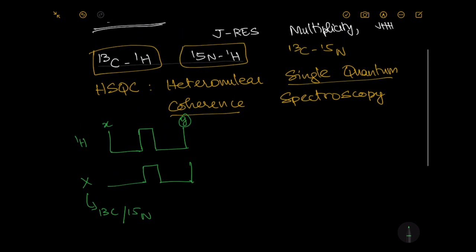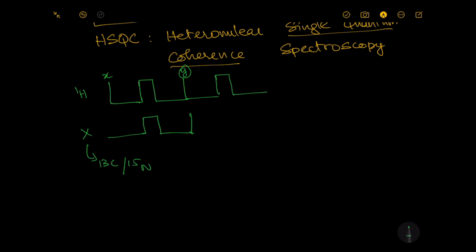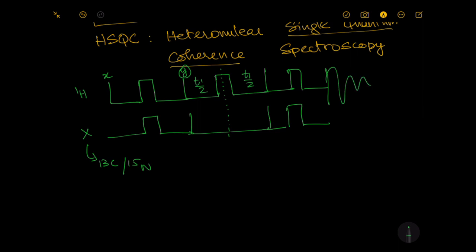Now in this experiment, what follows would be something called t1 evolution, the 180-degree pulse applied along the proton channel exactly at t1 by 2 duration, followed by an INEPT that goes back to proton, and then you would detect in the proton dimension with carbon being decoupled.